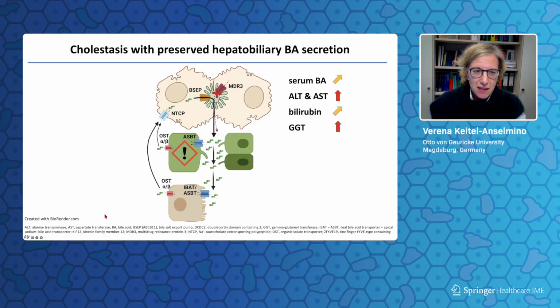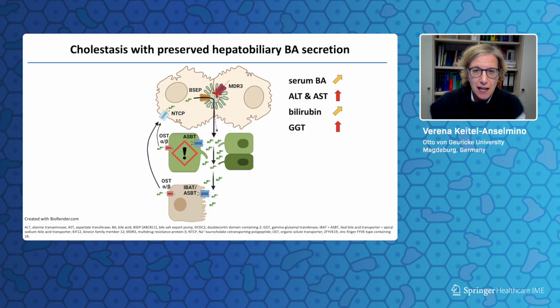So if we look at the other scenario, in this scenario, you have an intact BSEP function, but for example, MDR3 is not working fully, then you are missing the phospholipids in bile. And now the hepatocyte is not the site of damage, but it's the cholangiocyte. And now in these patients, you actually get the elevation of the gamma GT.